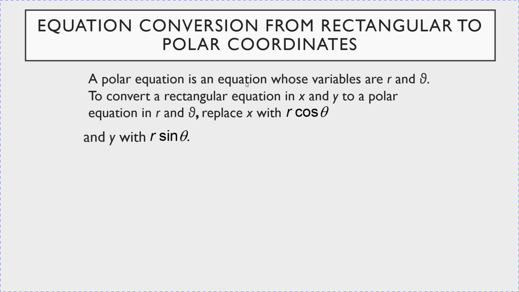So to convert a rectangular equation in x and y to polar in r and theta, all you're going to do is replace x with r cosine of theta and y with r sine of theta. And then I'm just going to solve the equation for r.